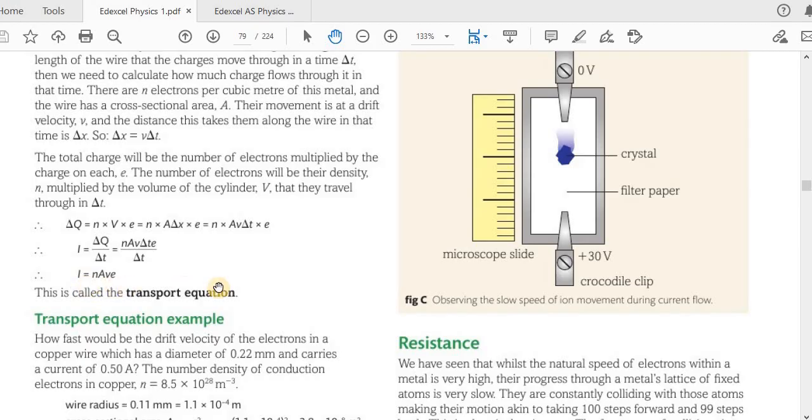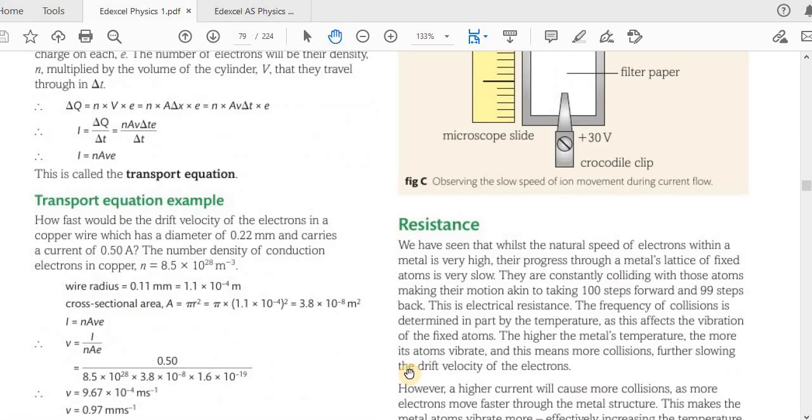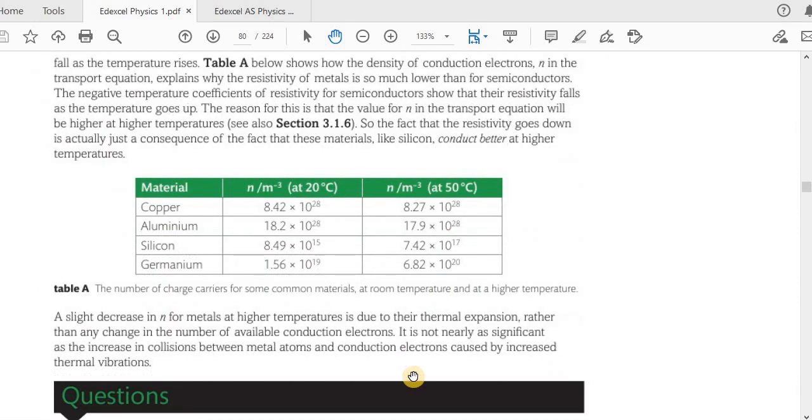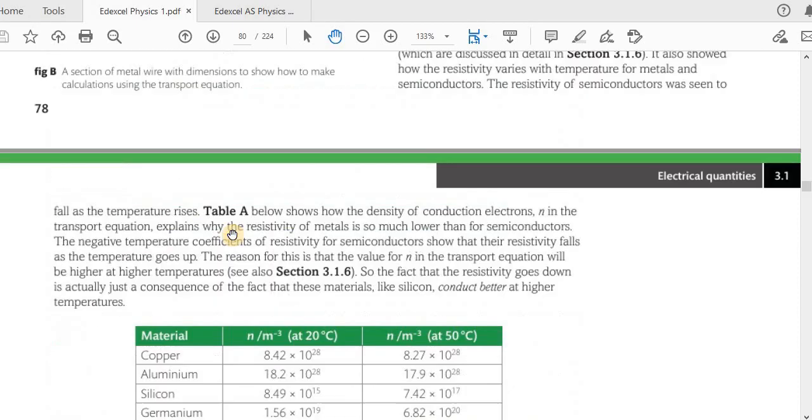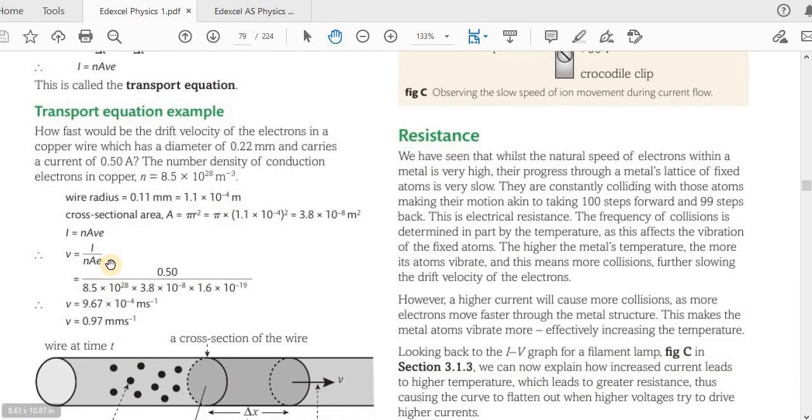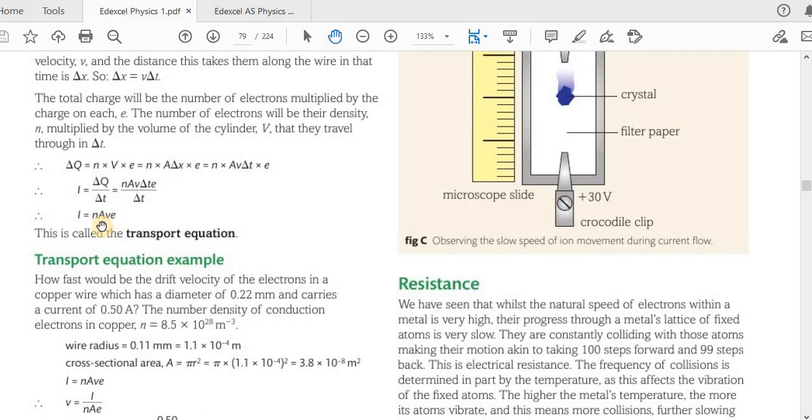This is a very important equation. It's called the transport equation. I equals nAvq. I can actually draw a diagram and explain all this. By the way, this v in this equation is the drift velocity. A is the area of cross section of the conductor.